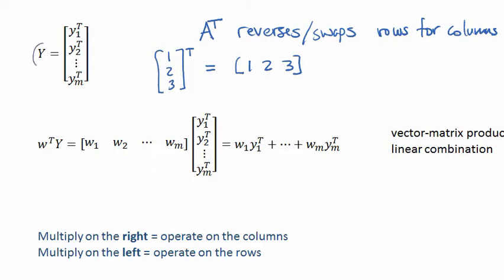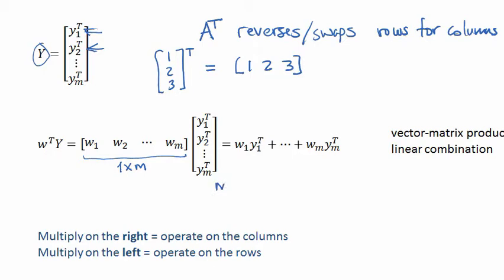Okay, so this way, whenever we write y1 transpose, we know it has to be a row vector. So here I have a matrix Y, and I'm breaking it down in terms of its rows. Then if we multiply by a vector on the left, again I want column vectors, so in order to make it a row vector I have to use w transpose. So w transpose is going to be 1 by m.